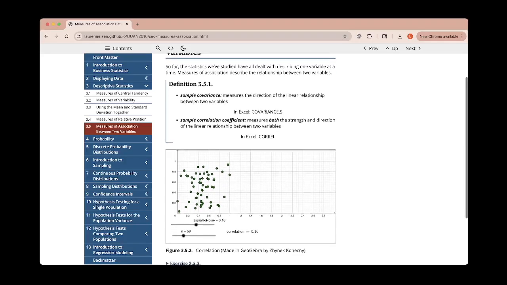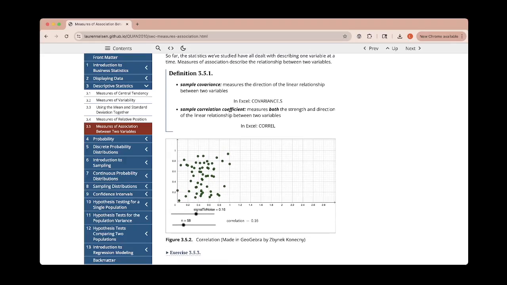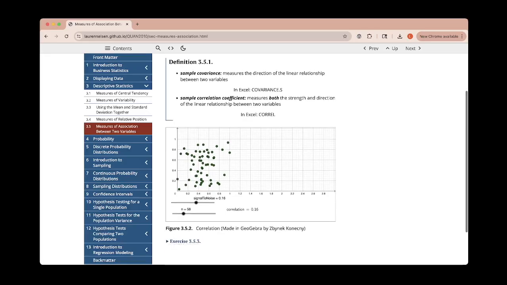So let's take a minute to understand what this correlation coefficient means before we switch into Excel to do an example. If we look at a scatter plot, and we saw how to make scatter plots earlier, we could have a situation where the variables on the x and y axis don't have a clear linear relationship. So here, if I look at this situation, I have all of these points.